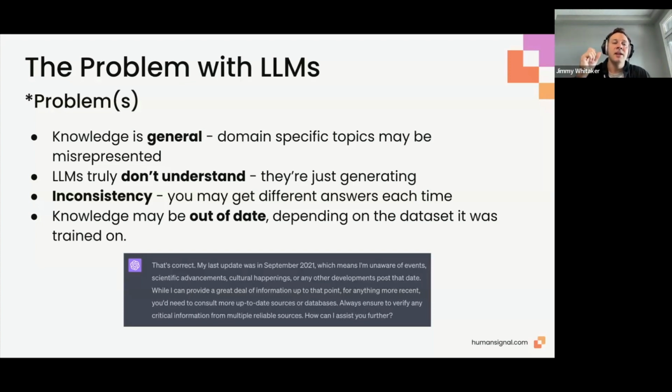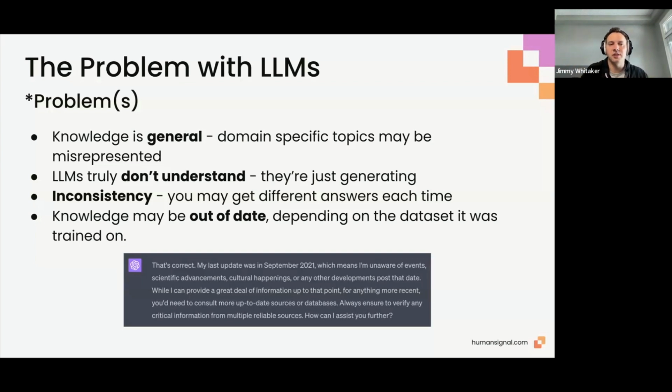The second thing, and this is why we talked about the training aspect, is that large language models don't truly understand what they're generating back. They're just generating. They're playing this game of, I'm going to give you a word or a set of words given the context that I've been given. So there are some statistical, probabilistic things under the hood here.